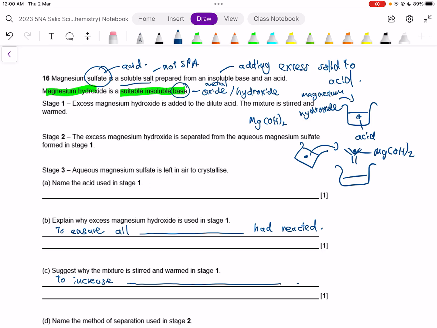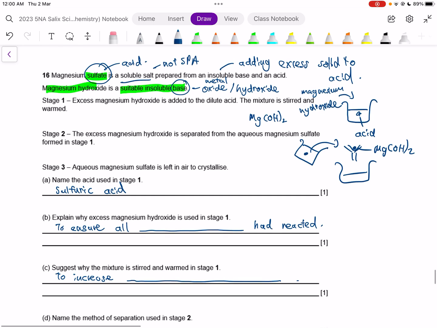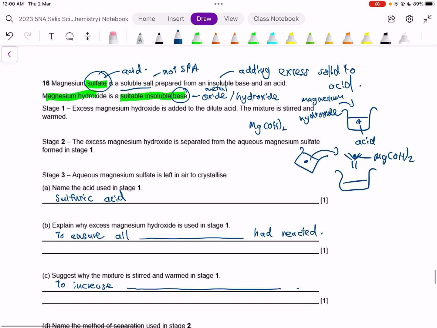Name the acid. The second word always tells you about the acid. In this case, it will be sulfuric acid. Just now was hydrochloric acid, now it's sulfuric acid. You want a sulfate salt, you use sulfuric acid.